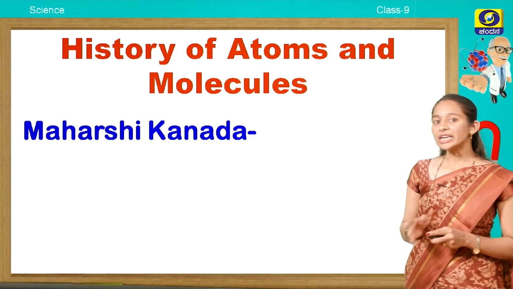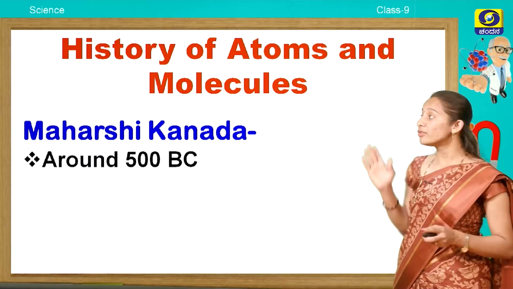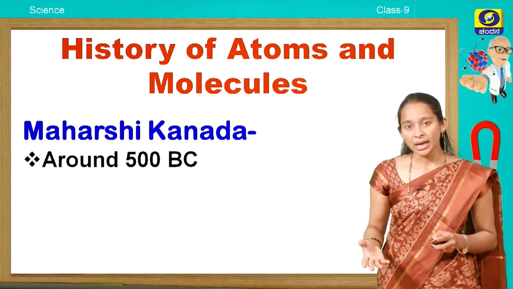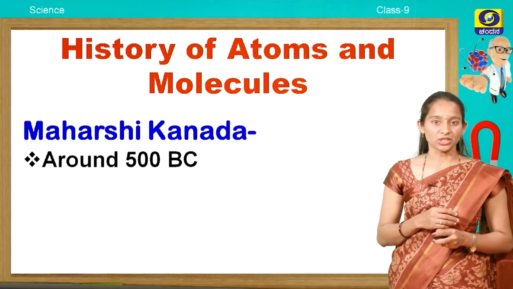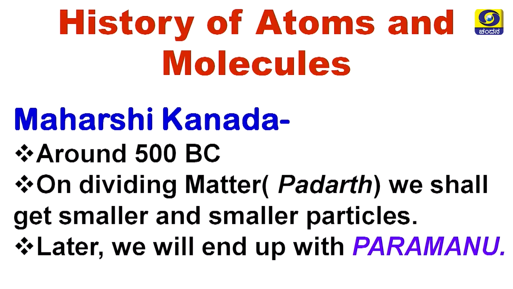It was Maharshi Kanada, an Indian philosopher. Around 500 BC, Maharshi Kanada has given an idea about the atom. He said that on dividing the matter, which is called as padarth, we shall get smaller and smaller particles.